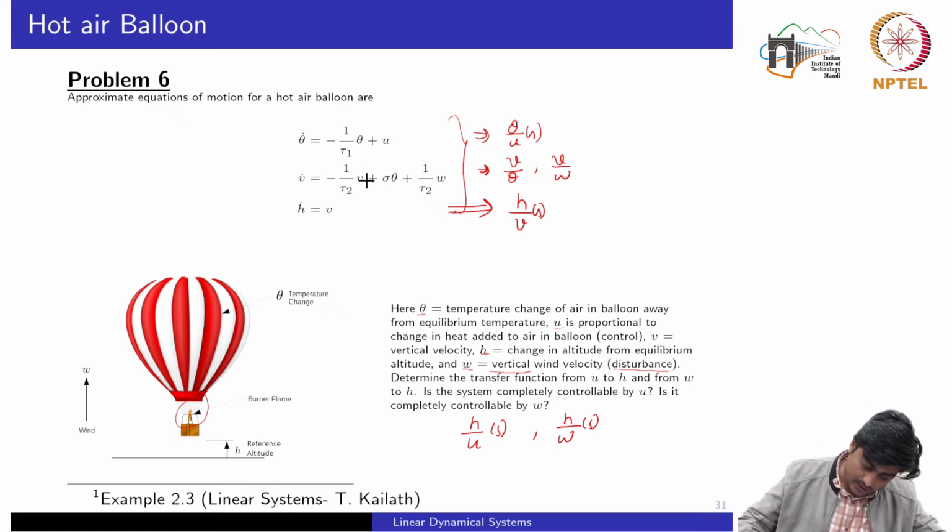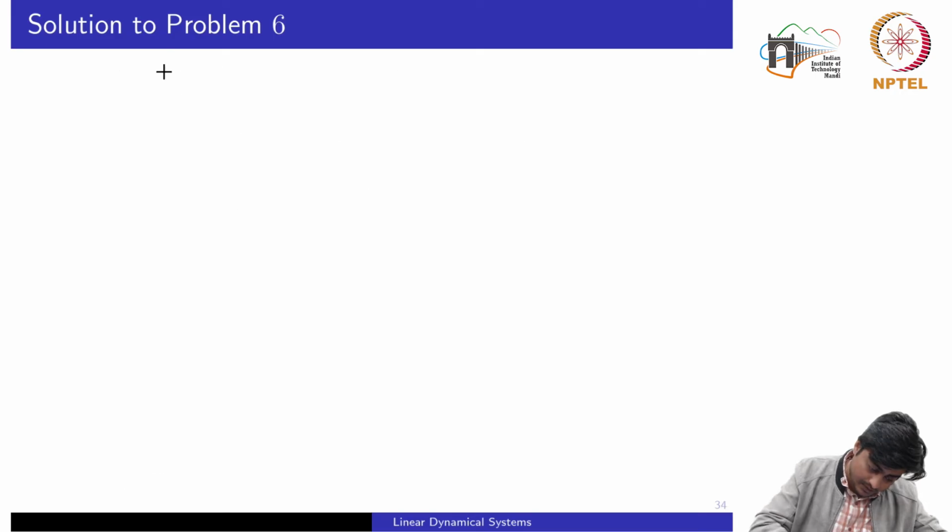So the first equation is, let's write this here, theta 1 dot equals minus 1 by tau 1 theta 1 plus u.